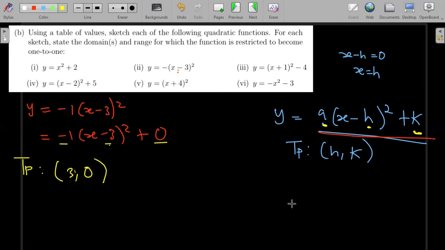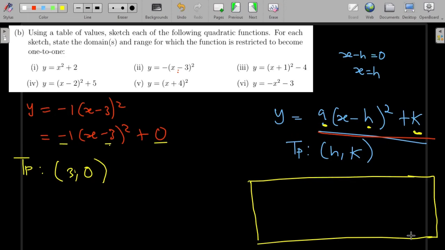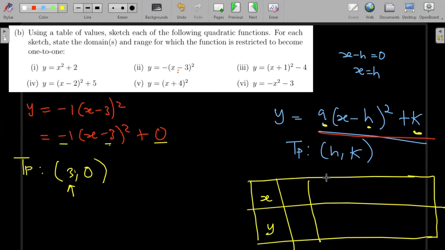So in this case, I'll pick maybe 3 below and then 2 above, or it can be any. So this is my x, the x coordinate of the turning point is 3, and then I have my y.